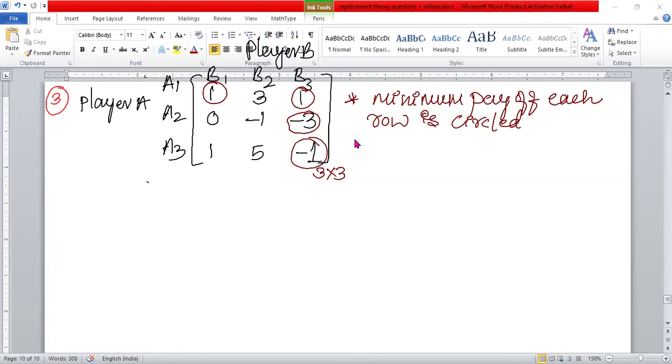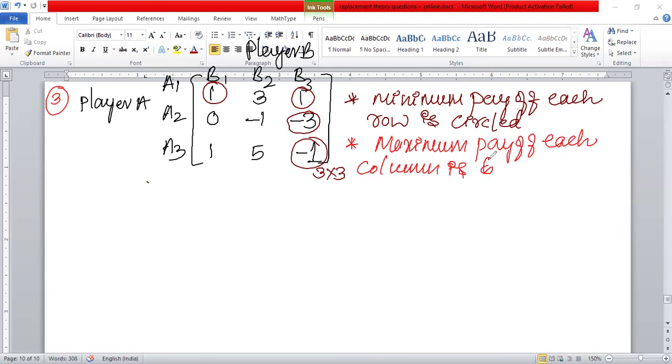Okay, second one: the maximum payoff of each column is boxed. First column, 1 appears 2 times.